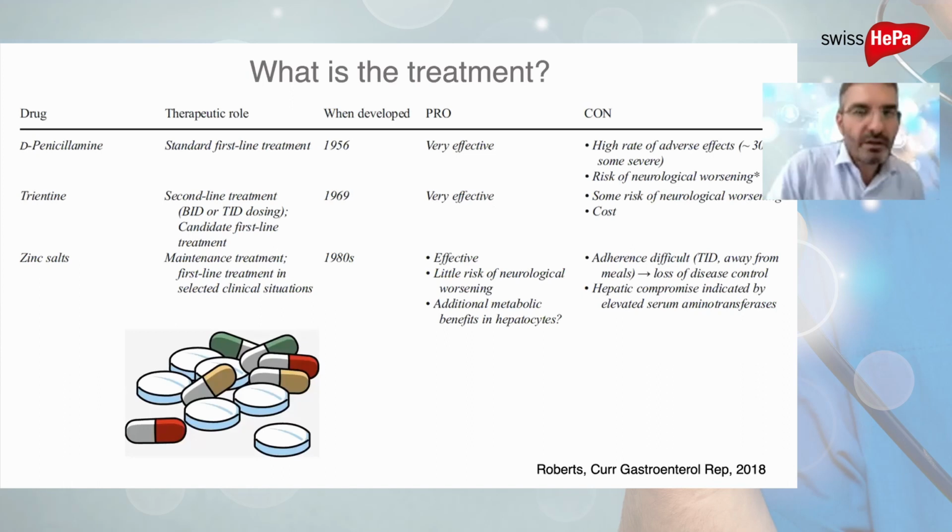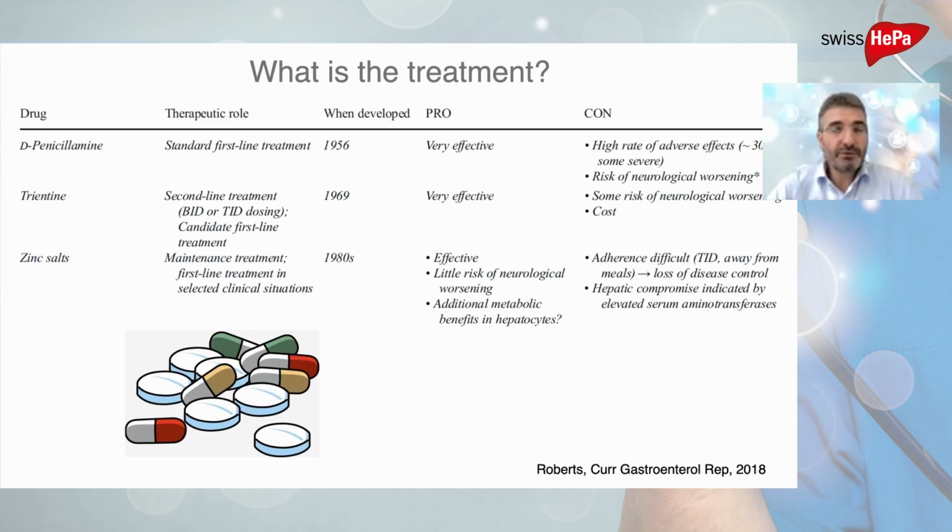Once we have the diagnosis, it is important to treat this disease because it is a treatable disease. The first line treatment used to be penicillamine, and it is more and more also replaced by trientine. Both penicillamine and trientine are drugs that bind to copper, and these drugs are then eliminated mainly with the urine.